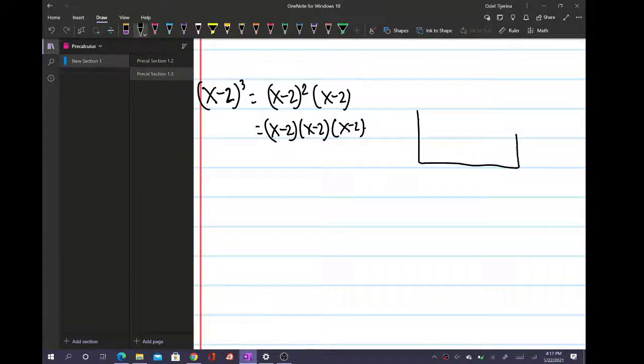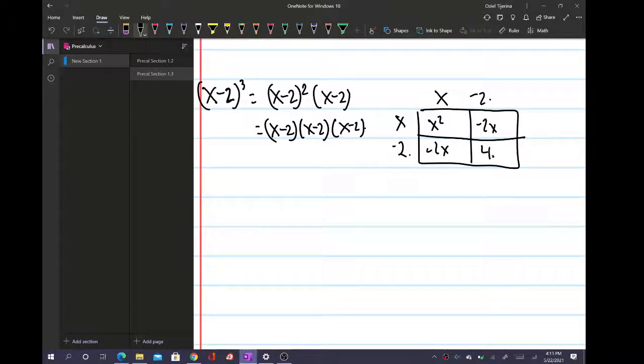But I don't think you have to do it by either way as long as you actually multiply it. So obviously, we can do x minus 2 and x minus 2. This is x squared, negative 2x, and positive 4. We have x squared minus 2x plus 4.